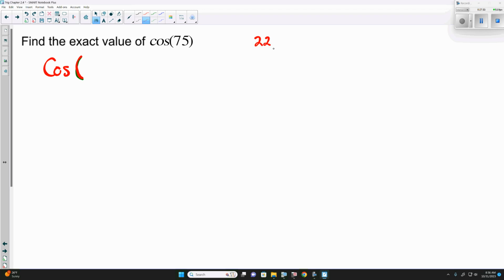So I'm going to pick 225 this time. Subtract 75 from it to see what's going to make a difference of 75. Well, that's 150. And after I do that, I'm going to see if it's on the unit circle. 150 is on the unit circle, so we can use it.